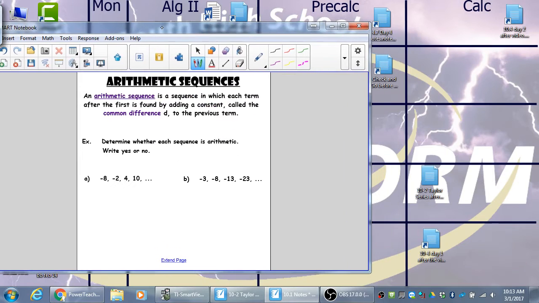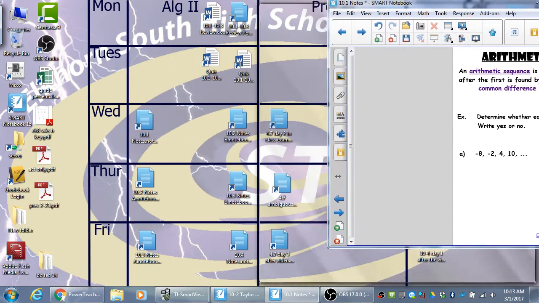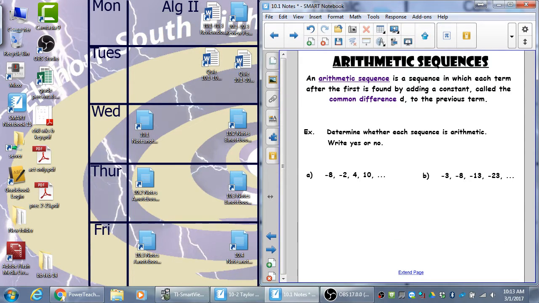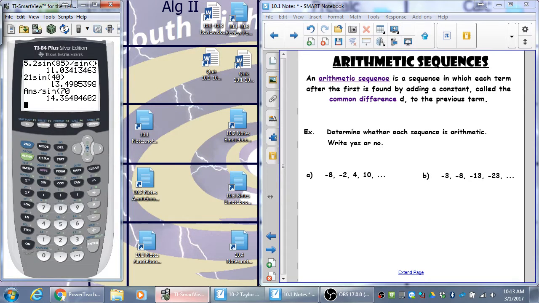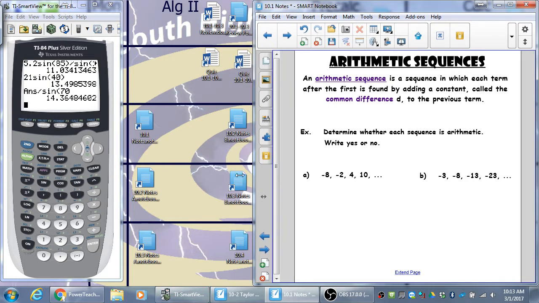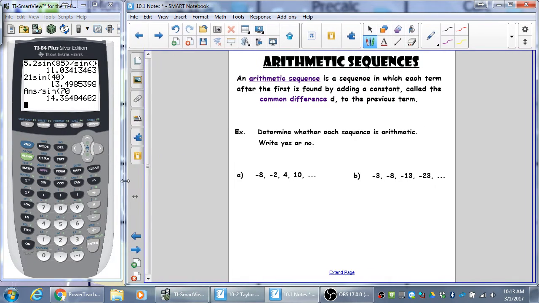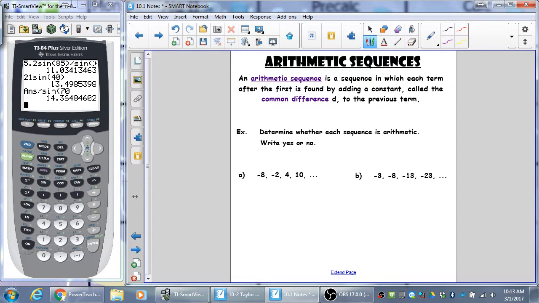And I actually want to grab a calculator. I don't know if I need it on this first one, but I'm probably going to use it eventually anyway. We need to find out if these are arithmetic, which means we've added something to the first term, added the same thing to the second term, added the same thing to the third term to get the next one.